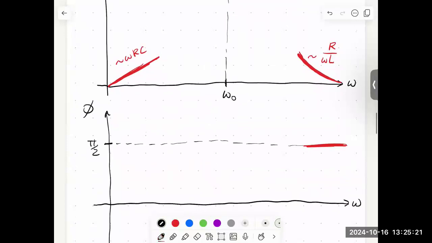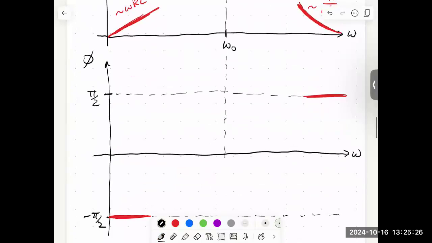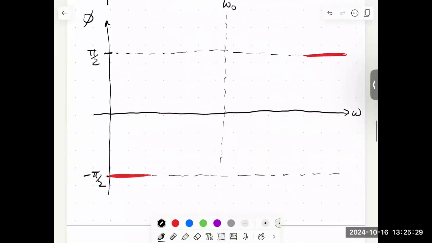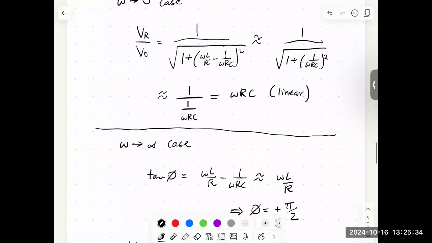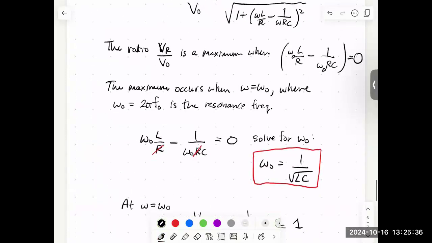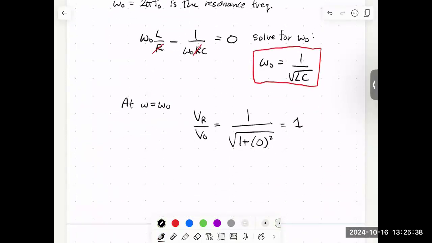Okay, while we're here, I'm just going to extend this frequency down so that it crosses our horizontal axis for our phase as well. So for the phase, we said that tan of phi is equal to omega L over R minus 1 over omega RC. But now we're sitting at this special frequency.